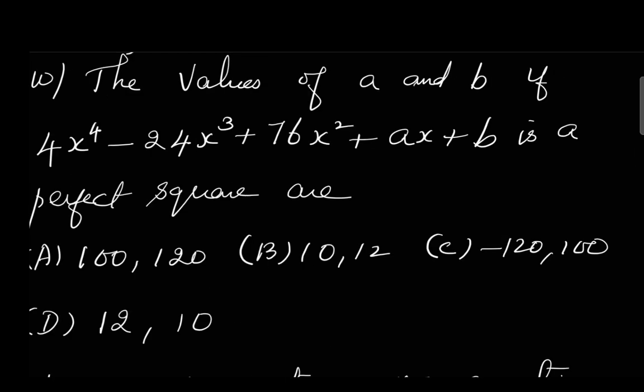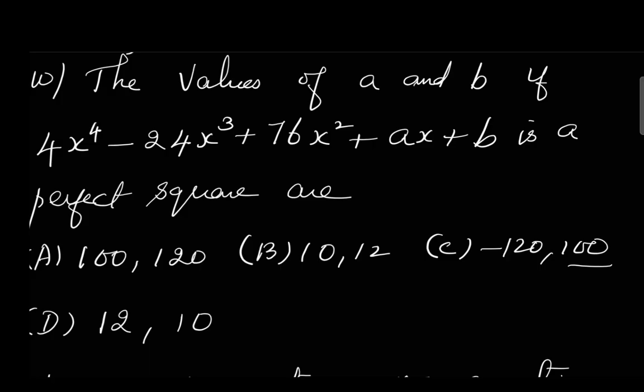See, the values of A and B if it is a perfect square. See, actually this is a 5-mark question, long division method of finding square root. You have to find the constant values A and B. See, you do that long division method. Otherwise, one way of doing this is, see, the end term should be the perfect square. Here 4 means here B should be the perfect square. So we can take this 100, option 100.